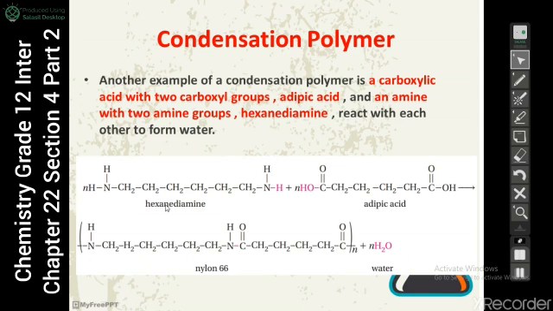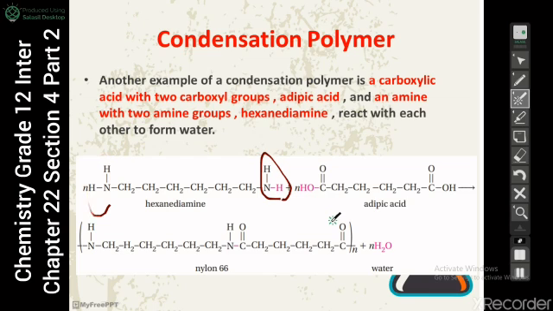This is the hexanediamine. Hexan, which means 6 carbon atoms: 1, 2, 3, 4, 5, 6. This is the hexane. And diamine, which means it contains two amine groups, NH2, NH2, with a carboxylic acid with two carboxyl groups.